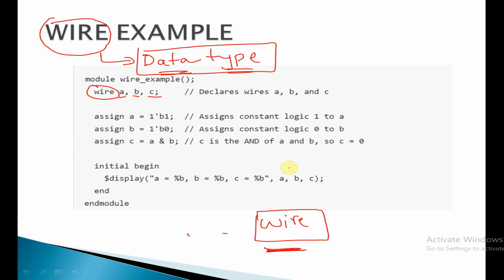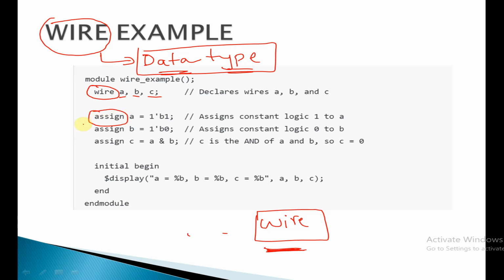So here you have declared three variables of wire data type, and if you want to drive any value to this wire data type, you are going to use the keyword assign. You are not storing any value inside a, you are going to drive the value.